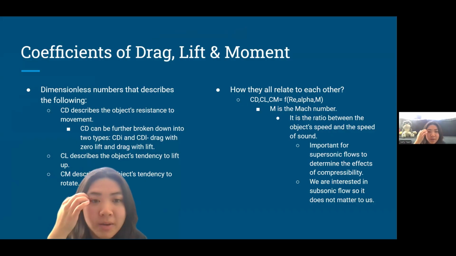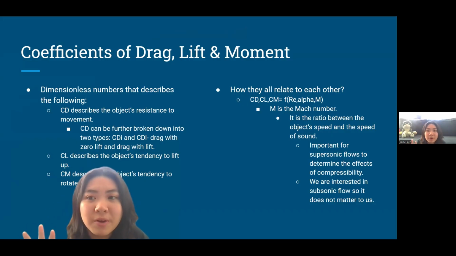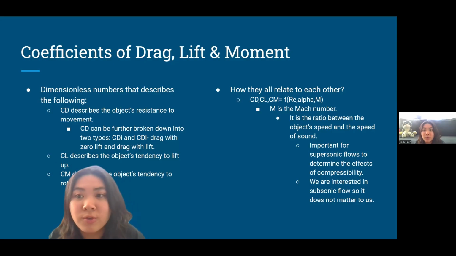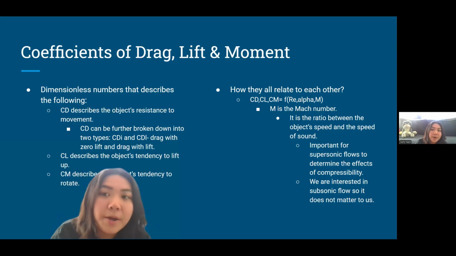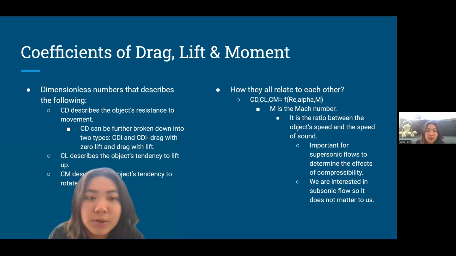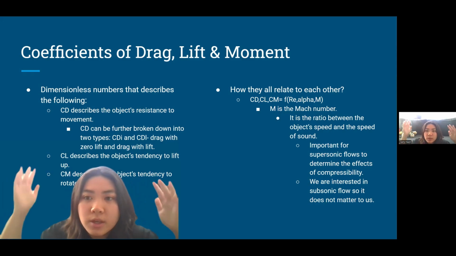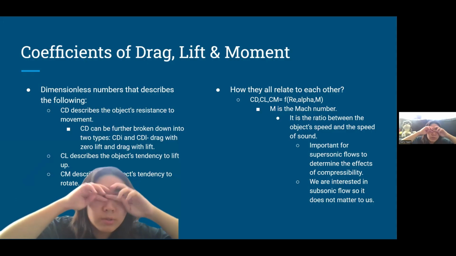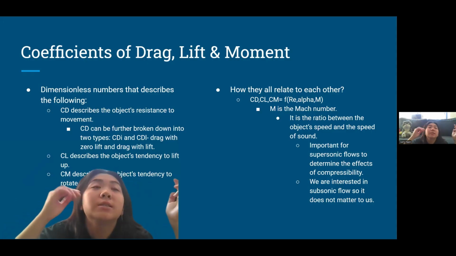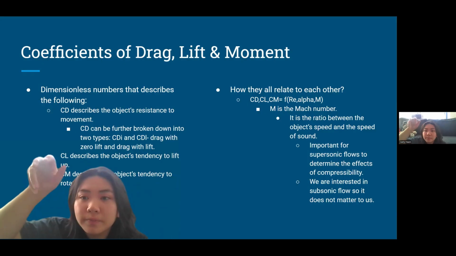It can further be broken down into two types: your coefficient of drag when there's zero lift, and your coefficient of drag due to lift, right? And then the coefficient of lift describes lift, or the object's tendency to lift up. And the coefficient of moment describes the object's tendency to rotate.